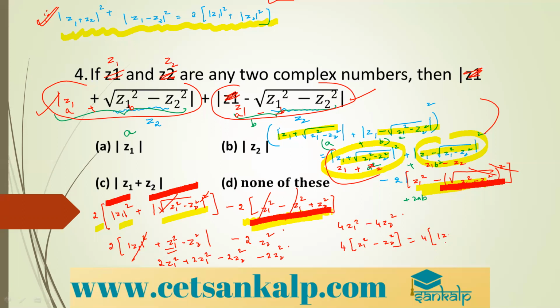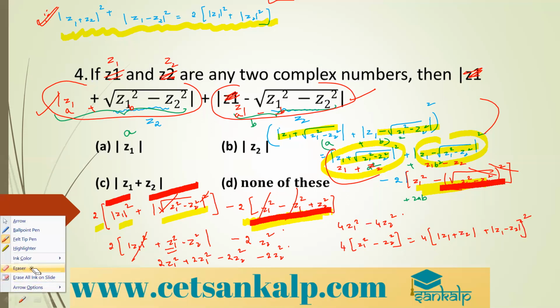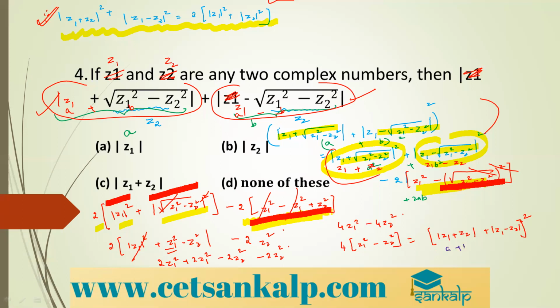You can write it as Z1 plus Z2 plus Z1 minus Z2 whole square. I will tell you how. This 4 also you can erase. For that I have to use some other color. How did I write this? Imagine this is A plus B plus A minus B and then whole square.